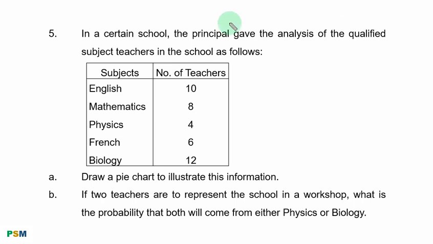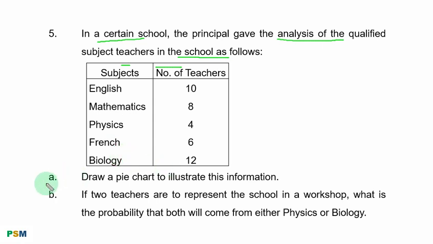Question 5. In a certain school, the principal gave the analysis of the qualified subject teachers in the school as follows. You have subjects, number of teachers: English 10 teachers, mathematics 8 teachers, physics 4 teachers, French 6 teachers, biology 12 teachers.